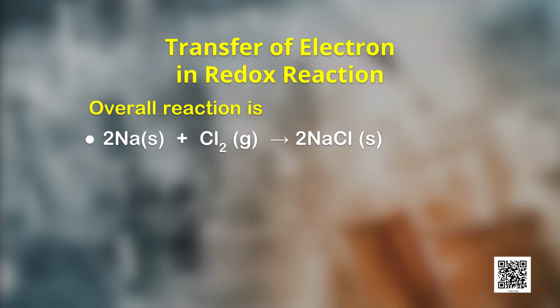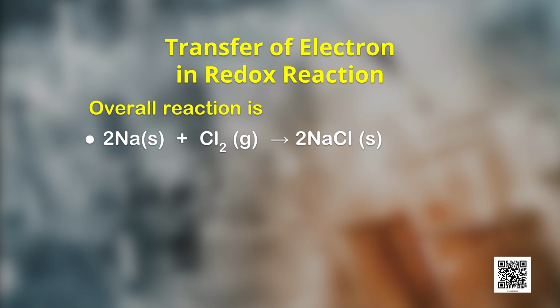Each of the above steps is called a half reaction, which explicitly shows the involvement of electrons. The sum of the half reactions gives the overall reaction.